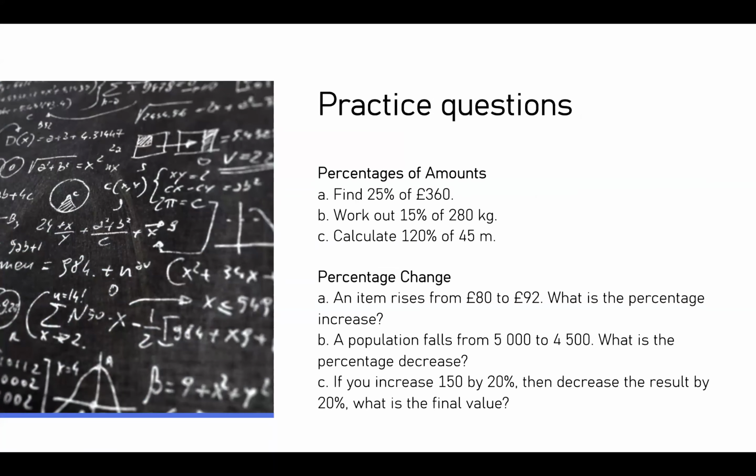So find 25% of £360. For the first one, we know how to find out 10%. 10% of 360 is just 360 divided by 10, which is 36.